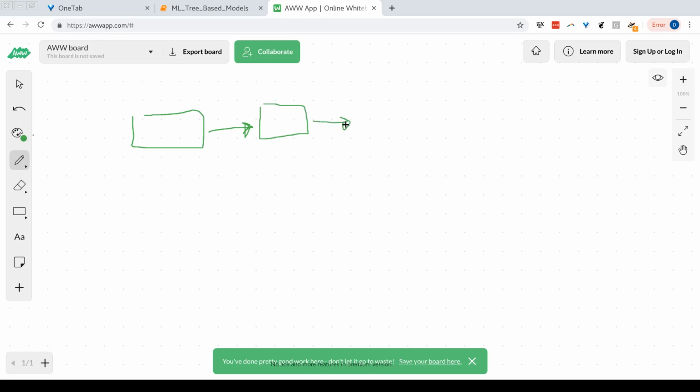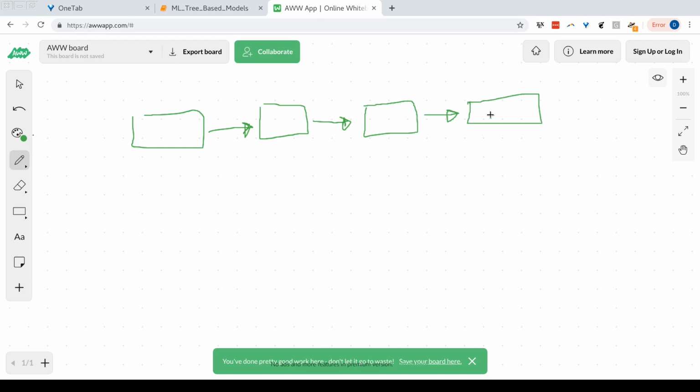We train the second tree, and that training process is going to affect the training of the immediate downstream model. So we can start chaining our trees this way, in series, as opposed to arranging them independently of each other in a parallel fashion.